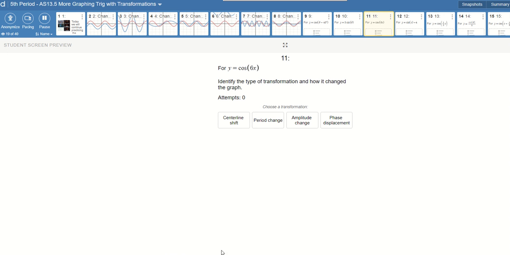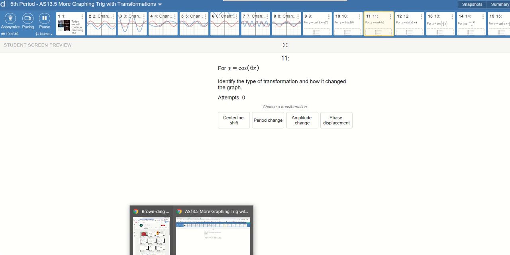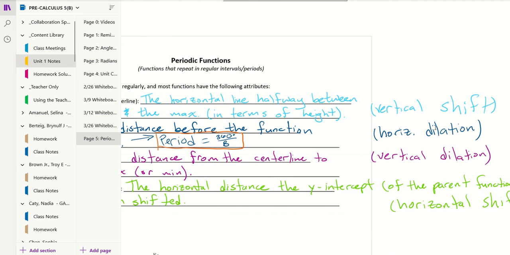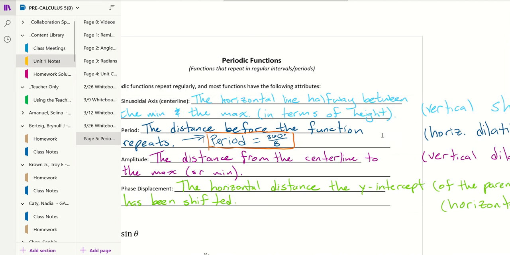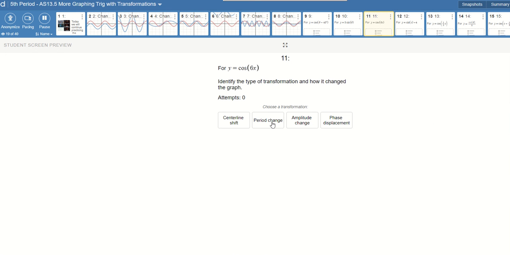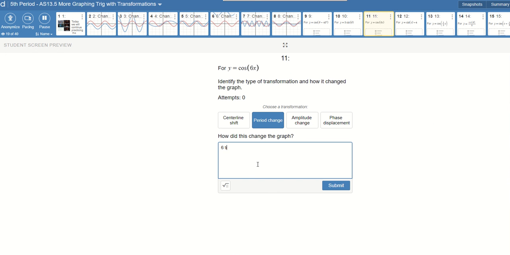So we said this was a horizontal dilation because it's multiplying inside the parentheses. So this is going to affect the period change, and it's going to be 6 times smaller.